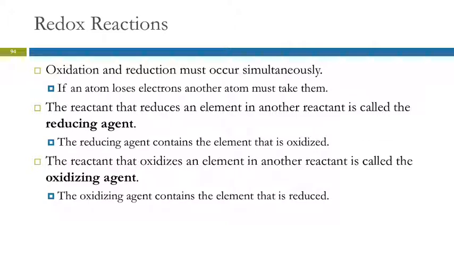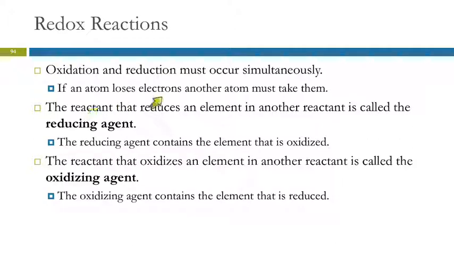So oxidation is loss of electrons. Reduction is gain of electrons. Those processes have to occur simultaneously. If one loses, another must take them, and vice versa. So as if all of that wasn't confusing enough, we have to introduce the concept of these agents.